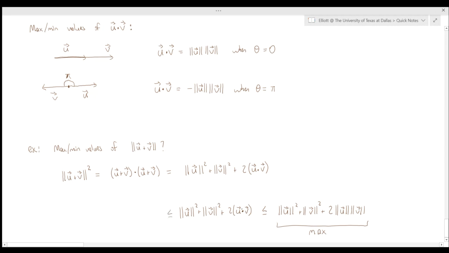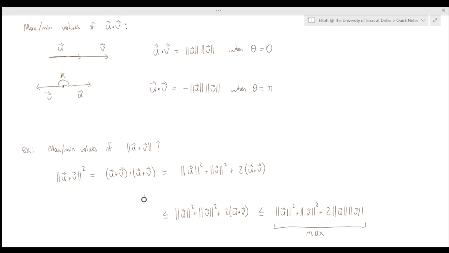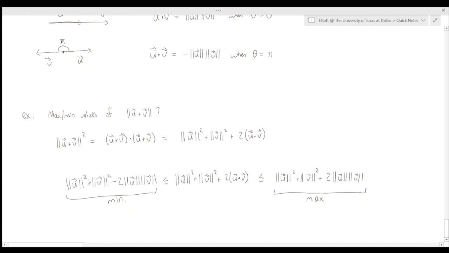And then similarly, the smallest that the dot product could be is the negative of the norm of u times the norm of v. So by replacing the dot product with its smallest possible value, that gives me the smallest possible value for the length of u plus v squared.